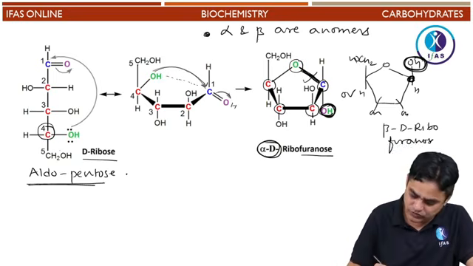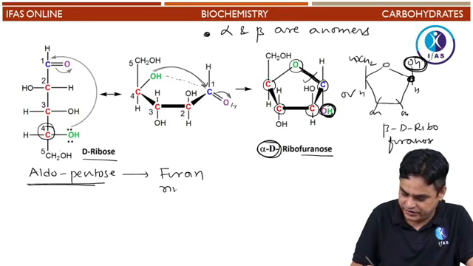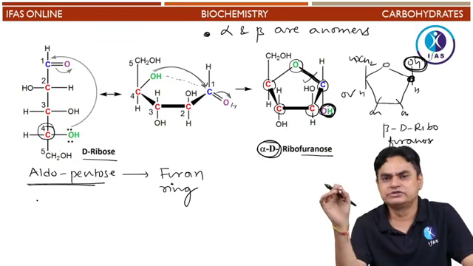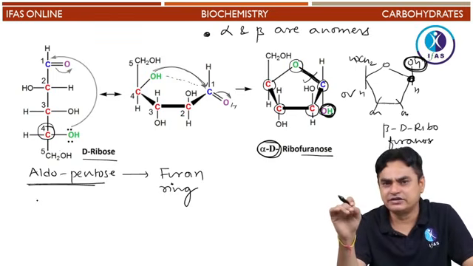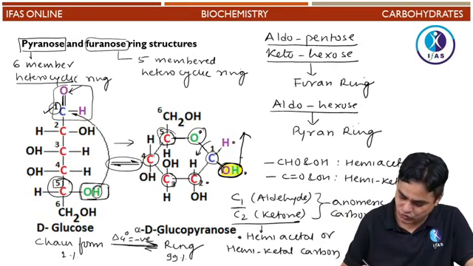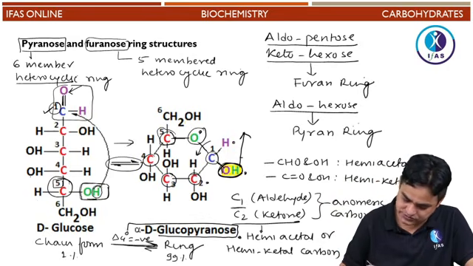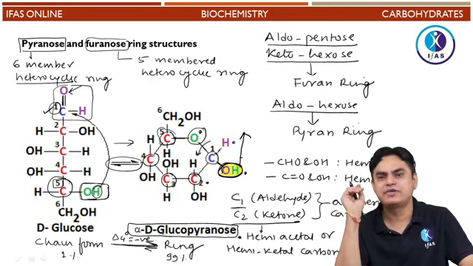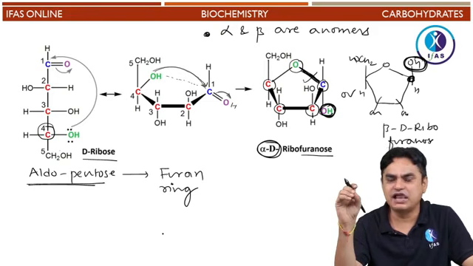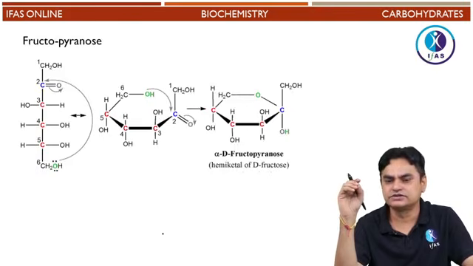So aldopentose, they adopt a furan ring. So aldohexose, they form a pyran ring. That's what we have seen. That's why we have named it as glucopyranose, alpha D glucopyranose. And the aldopentose, they form a furan ring. For example, alpha D ribofuranose.